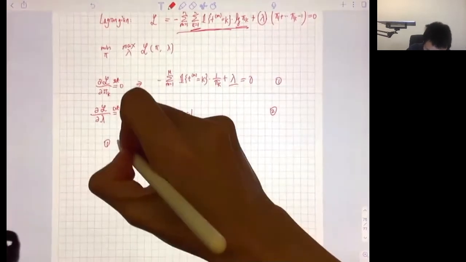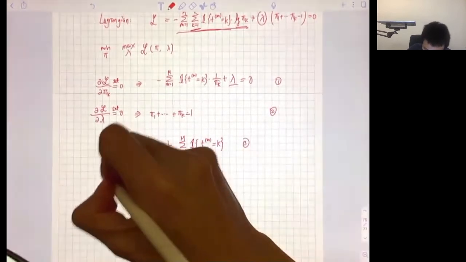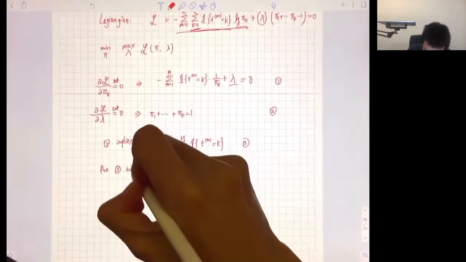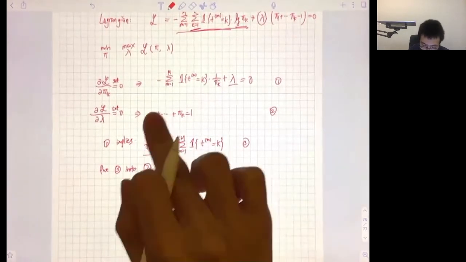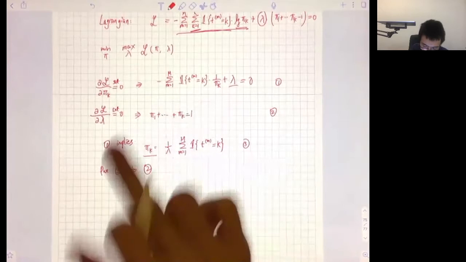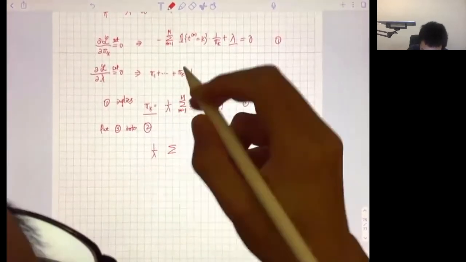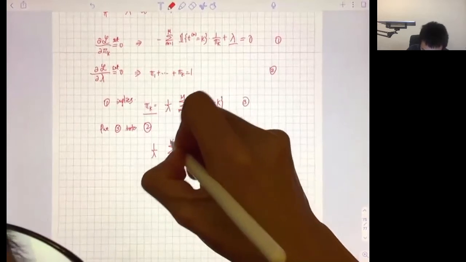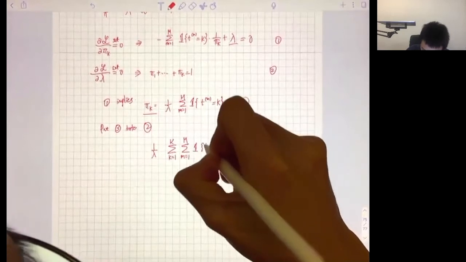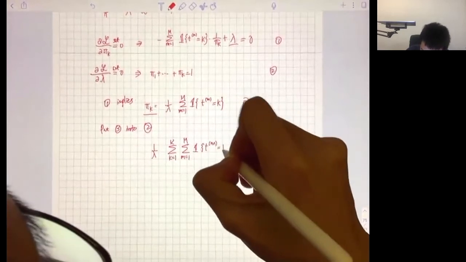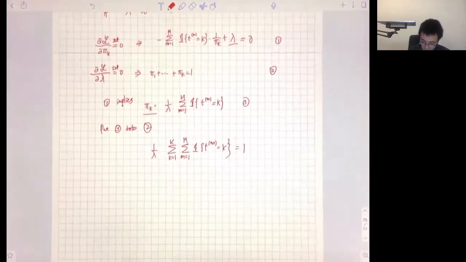So 1 implies, and putting 3 into 2, I have computed pi k in terms of lambda, and I know one constraint of pi k. Putting everything there gives me 1 over lambda, the summation over different k's and the summation over different n, and it equals 1.